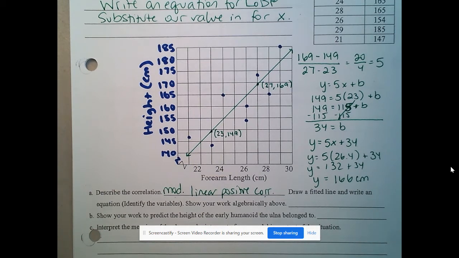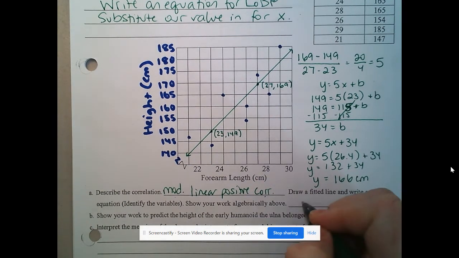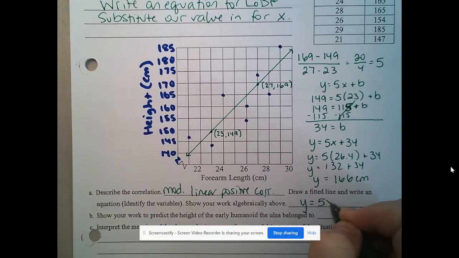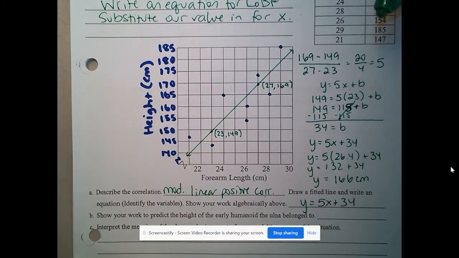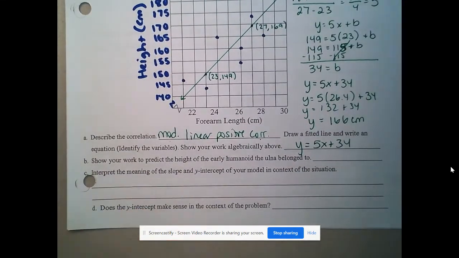Draw a fitted line and write an equation, identify the variables, show your work algebraically above. We did that. We got y equaled 5x plus 34 as our equation. Interpret the meaning of the slope and y-intercept. And people always struggle with this one. Our slope is 34. So that means, I'm sorry, I apologize. Our slope is not 34. Our y-intercept is 34.